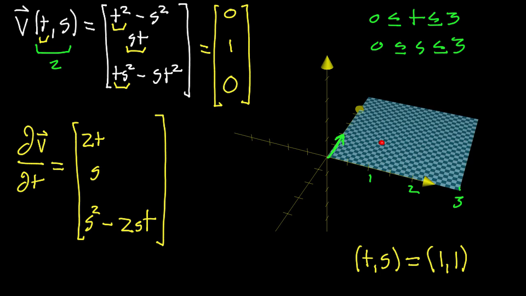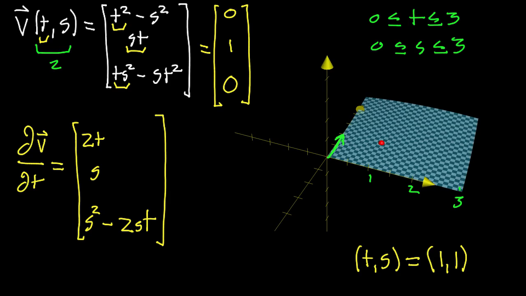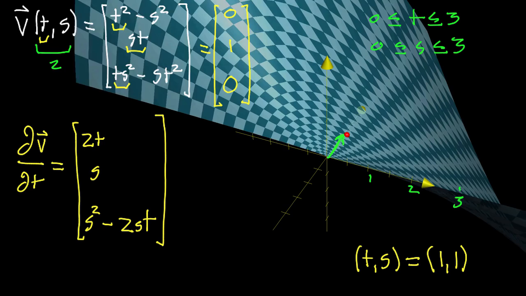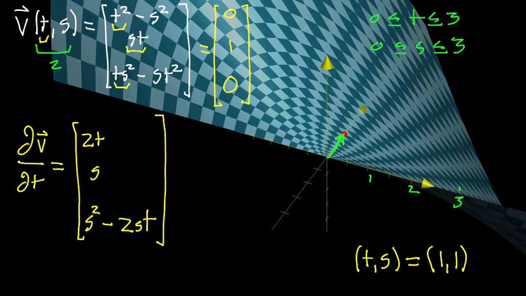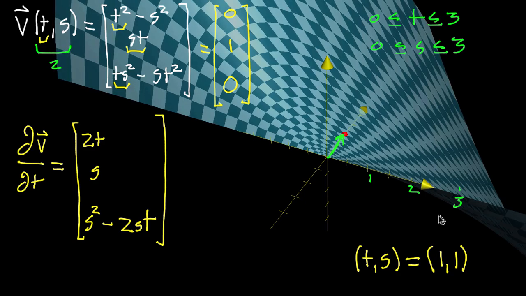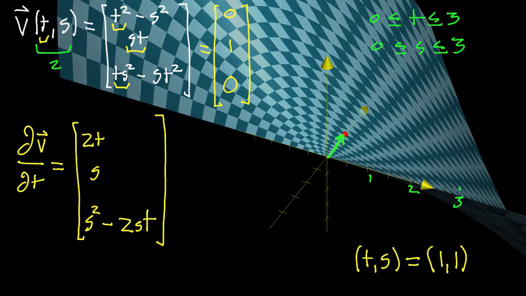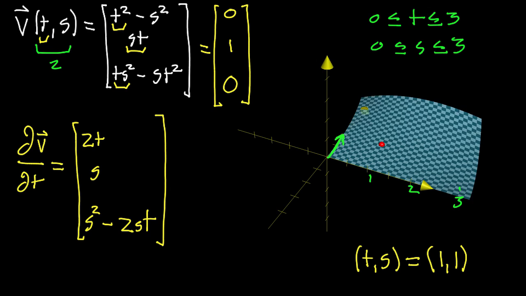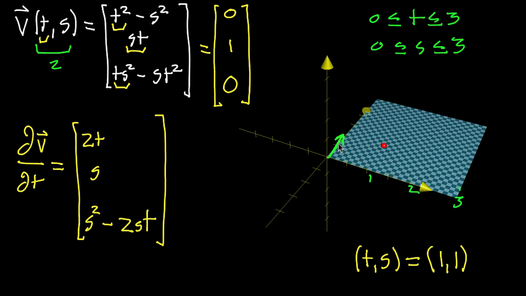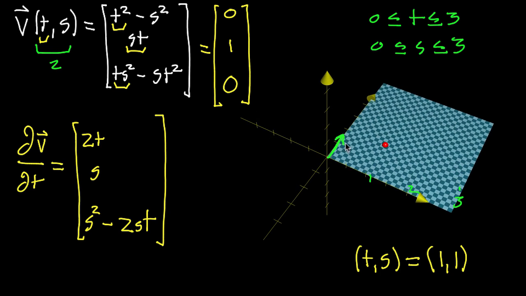So if we watch that animation again and we let things play forward, that dot corresponding with the input 1, 1 does indeed land at the tip of that vector. So at least for that value, you can see that I'm not lying to you with the animation. And in principle, you could do that for every single point, right? For any given input point, you plug it through the function and you draw the vector in three-dimensional space, and as you watch this animation, it'll land at the tip of that vector.